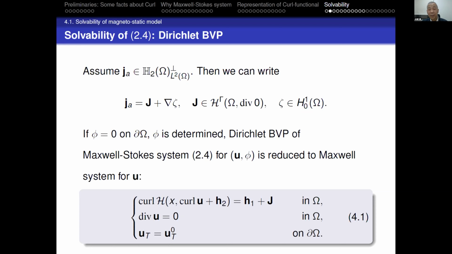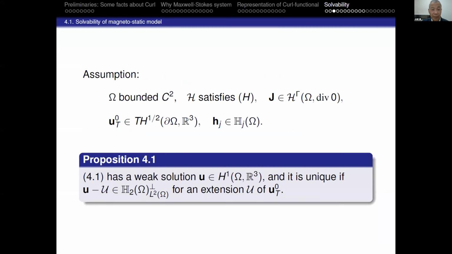You can pose either a Dirichlet boundary condition or a Neumann boundary condition on U. Here we first consider the Dirichlet boundary condition: the tangential component of U equals a given vector field U_0T. U_0T is given, and you also assume the divergence of U equals 0 inside the domain. Then we can show that this system has a weak solution in H^1, which is quite good.